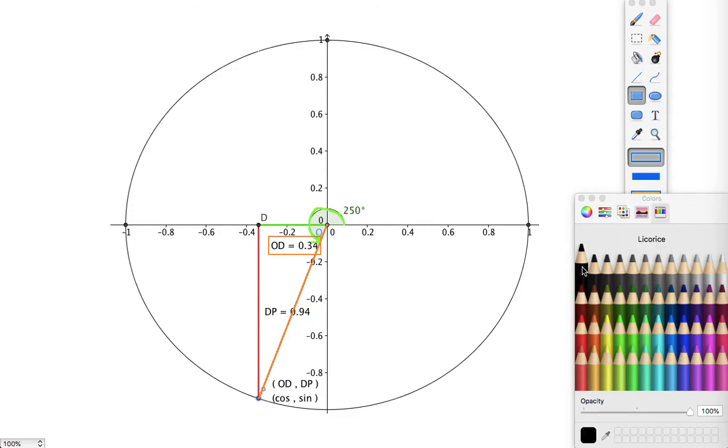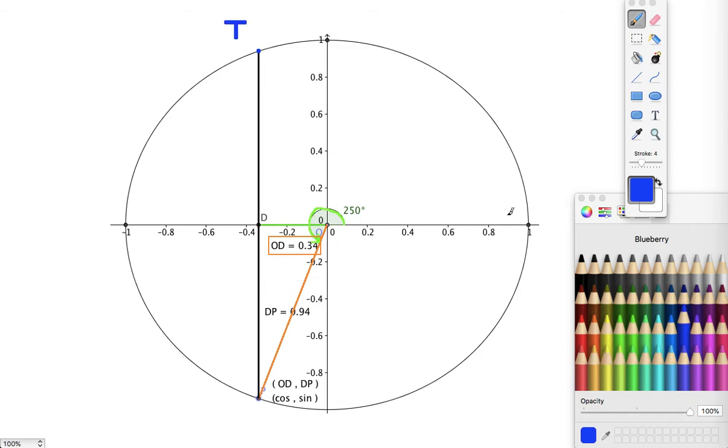All right, now let's find out where else on this circle does it have that exact same cosine. Since cosine is related to my x-coordinate, let's find out where else on here does it have the exact same x-coordinate. So I'll draw a vertical line from P until it touches the circle. And that point right here will have the same x-coordinate.